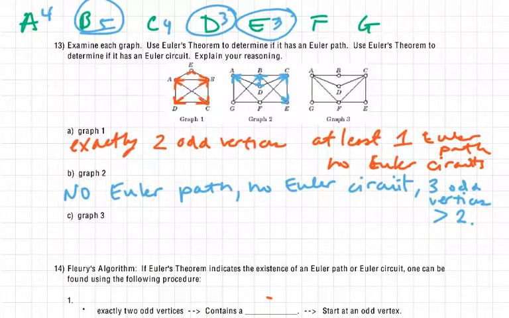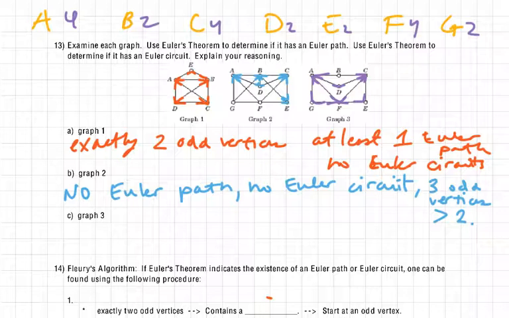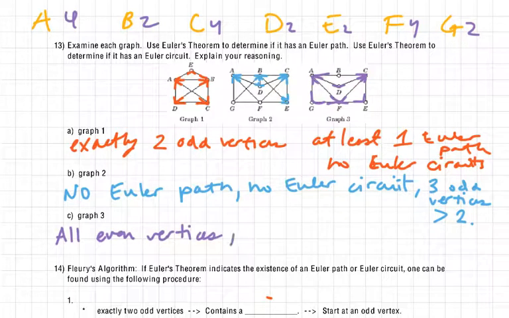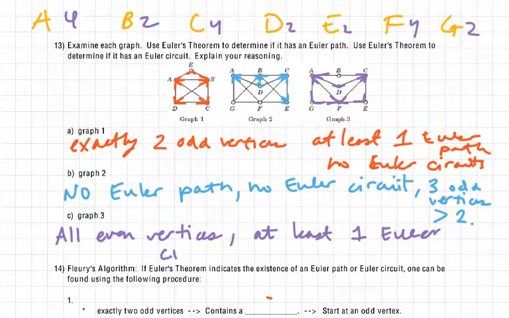Okay, so then we do the same thing for the third one. Graph 3 has all even vertices, which means that there is at least one Euler circuit.